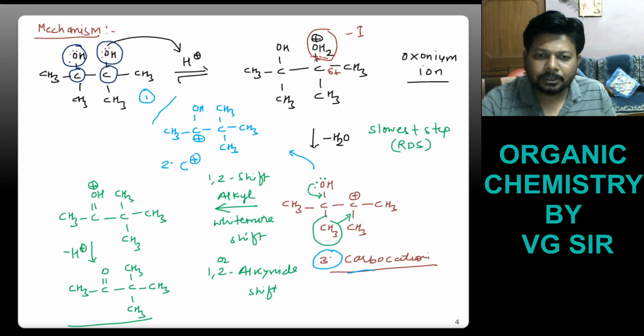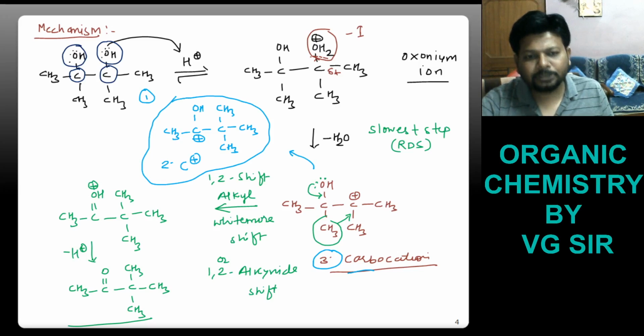So what does it mean? A 3-degree carbocation is more stable than a 2-degree carbocation, and as per the rule of rearrangement, a less stable carbocation must be converted into a more stable carbocation, but not vice versa generally. So what is happening over here?